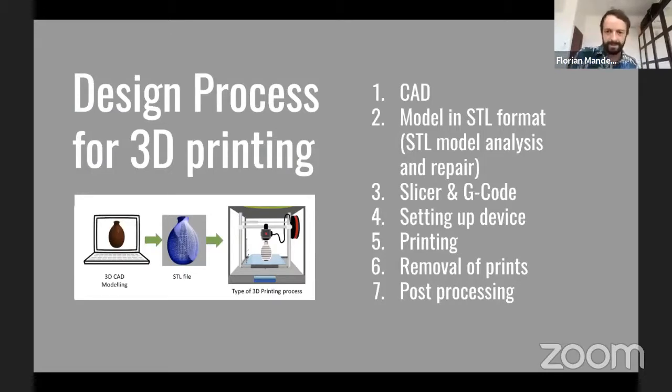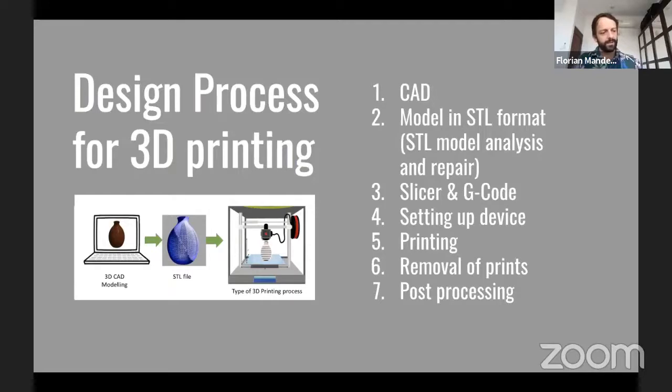And this is how it works: you got an idea, you build it as a 3D model in the computer, and then you need to make it ready for the 3D printer. I'm giving you the overview here. A lot of these steps are now, I would say, automated. For example, when you create an STL file, that's already pretty advanced.